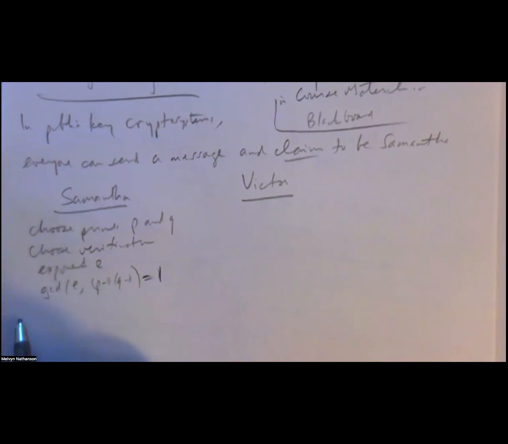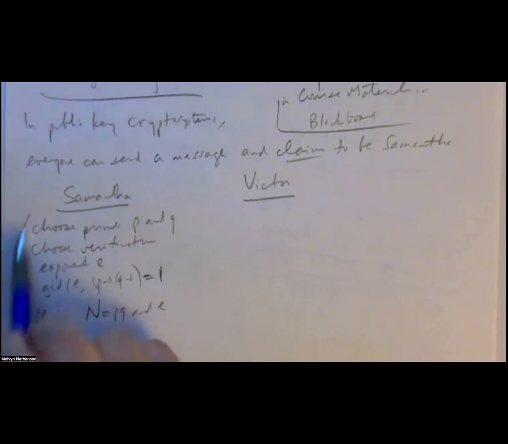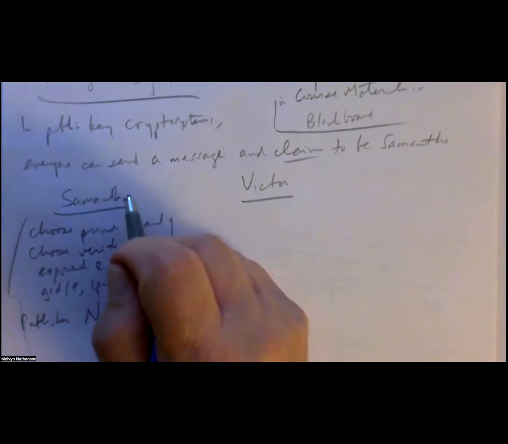And what Samantha publishes, that means everyone can know it, are the numbers capital N, which is P times Q, and E. She doesn't say what P and Q are, she says what the product of P and Q is. This is the key creation.